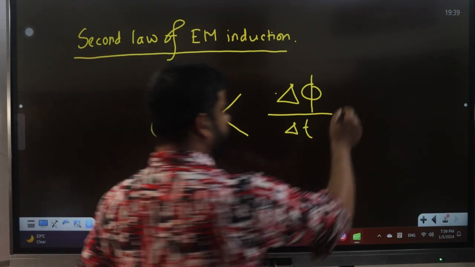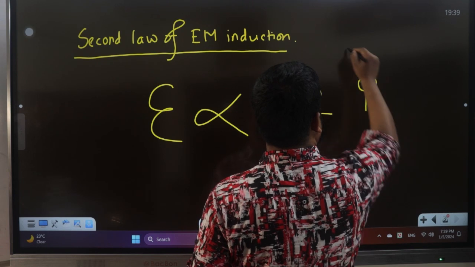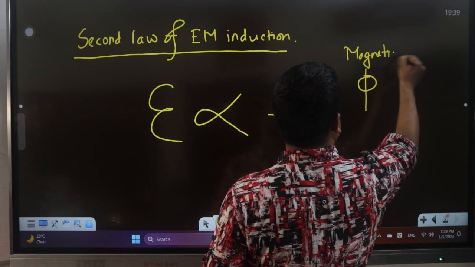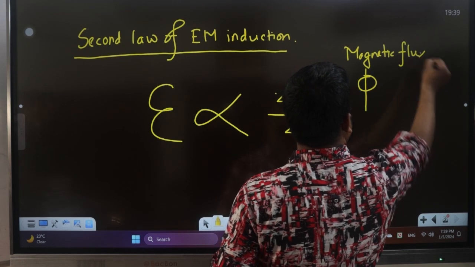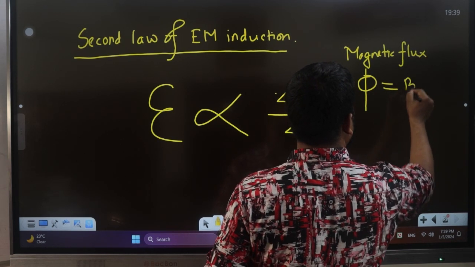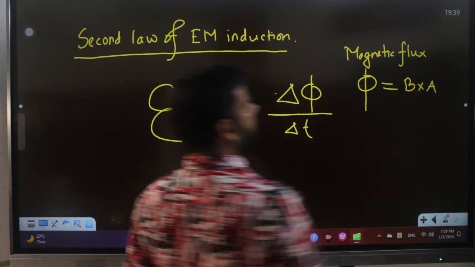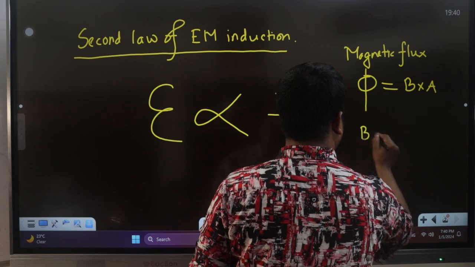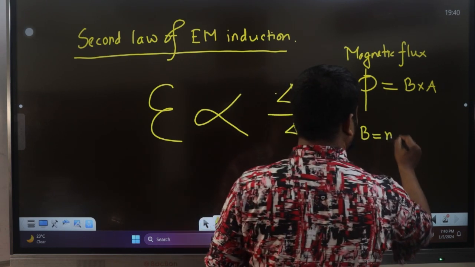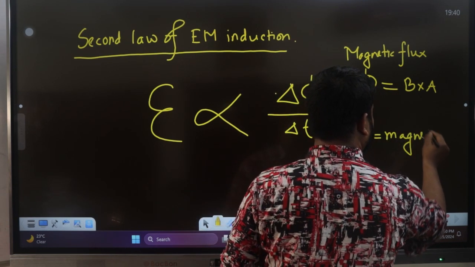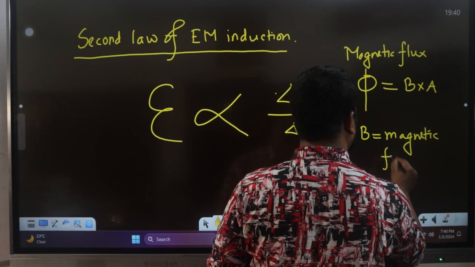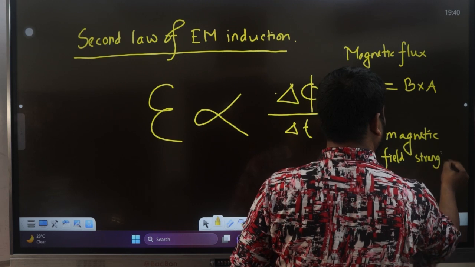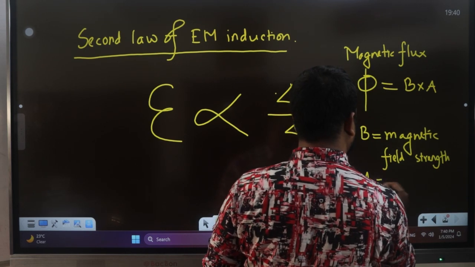Phi is the magnetic flux, equal to B into A. B is the magnetic field intensity, or magnetic field strength, and A is the cross-sectional area.